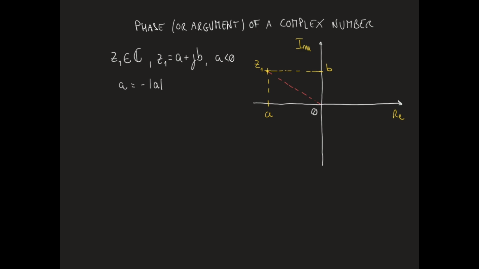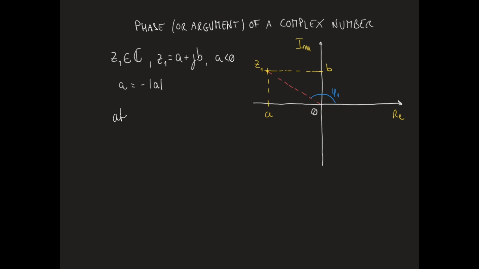Of course, the phase of z1 is the angle phi 1, which is for sure larger than pi divided by 2. Let us compute now the inverse tangent of b over a.